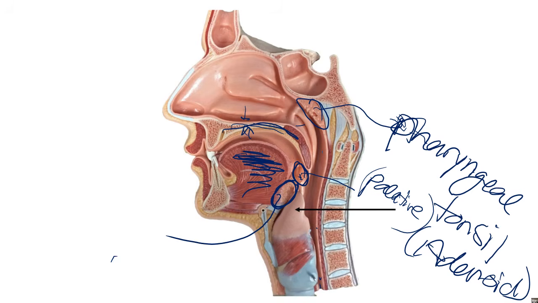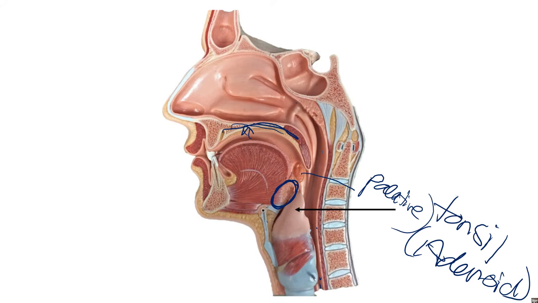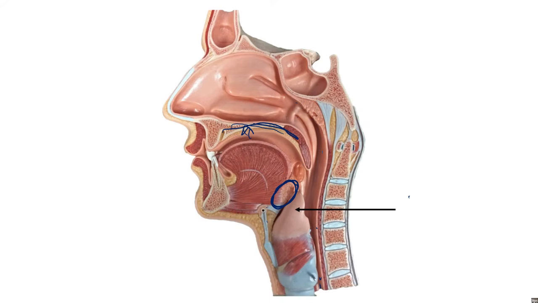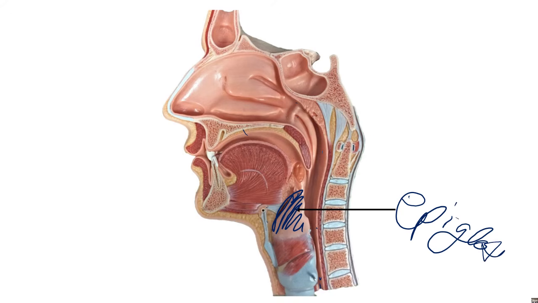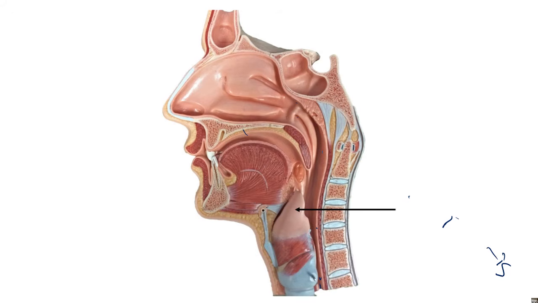Okay, so that's everything for the mouth and the nasal cavity. This actual image is pointing to this cartilage piece right here, which is the epiglottis. It's really hard to see.